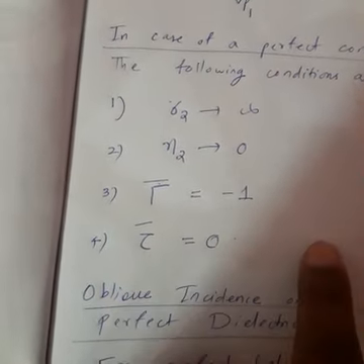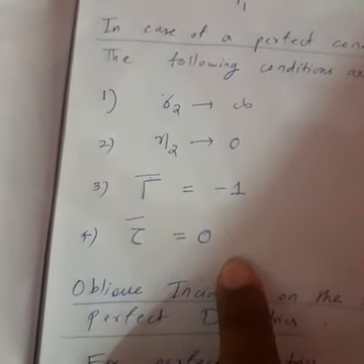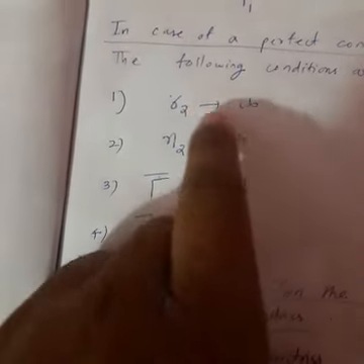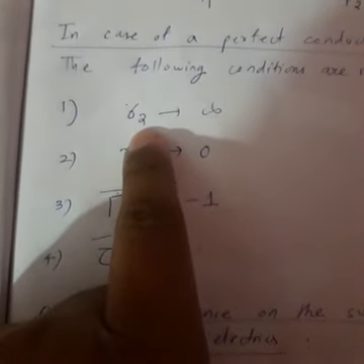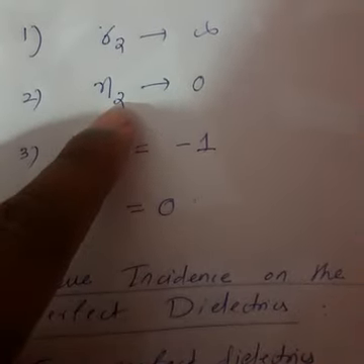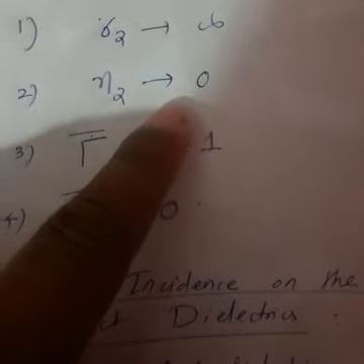Already we discussed this in the previous class. Perfect conductor means 0 resistance, so conductivity is infinite. Similarly, perfect conductor means intrinsic impedance is 0, so medium 2 intrinsic impedance is 0.